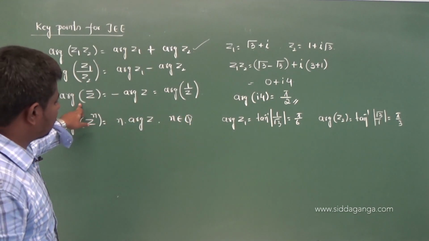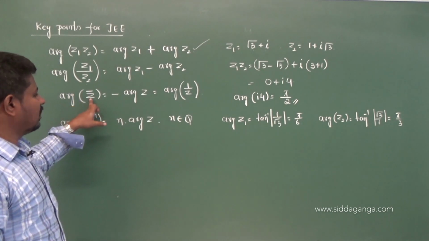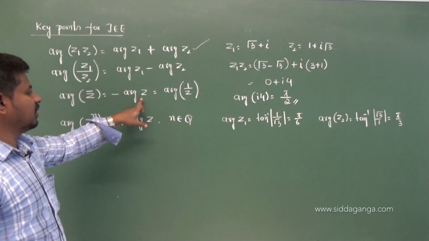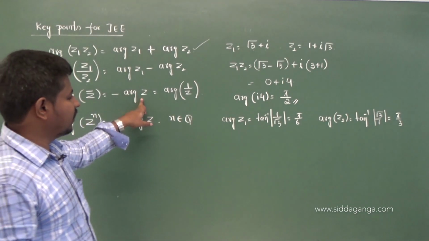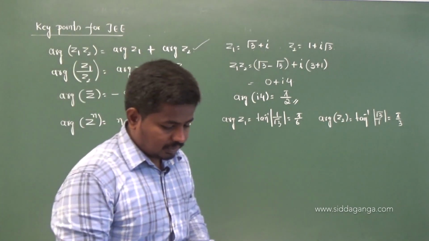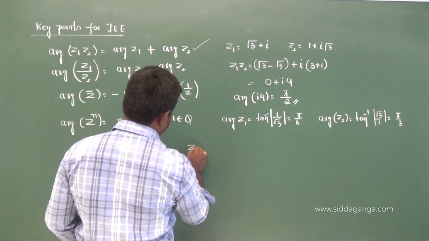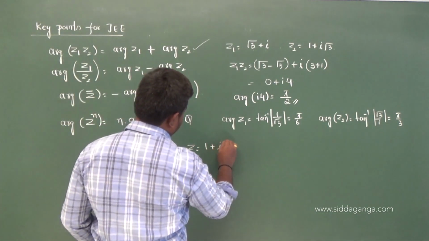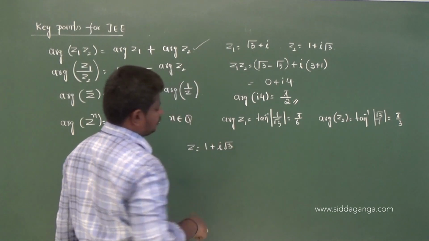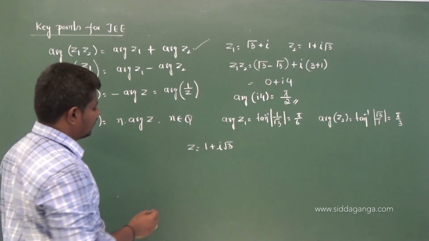See, for any complex number, the argument of its conjugate is always equal to the negative of the argument of the same complex number, and that is also equal to the argument of its reciprocal. So, let me verify this by taking an example. Let z is equal to 1 plus I root 3. Let us find the argument of z.